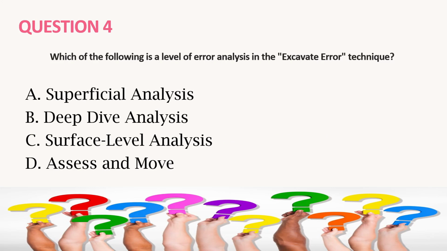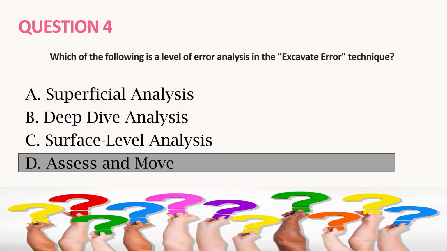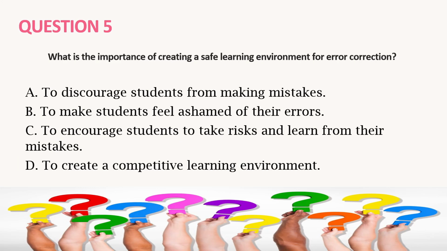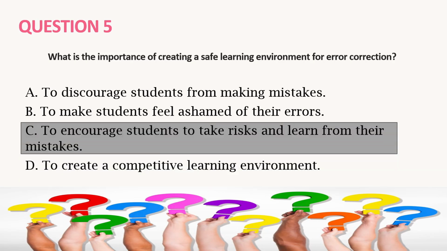Question number 4, the answer here is assess and move, letter D. And then for the last question, the answer here is letter C, to encourage students to take risks and learn from their mistakes.